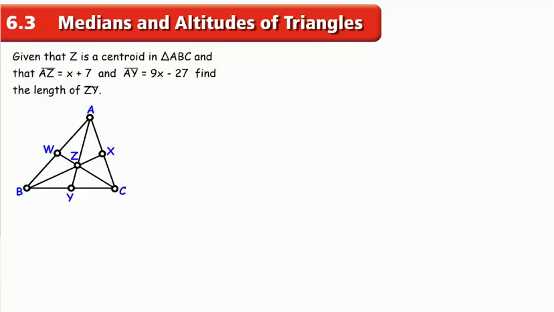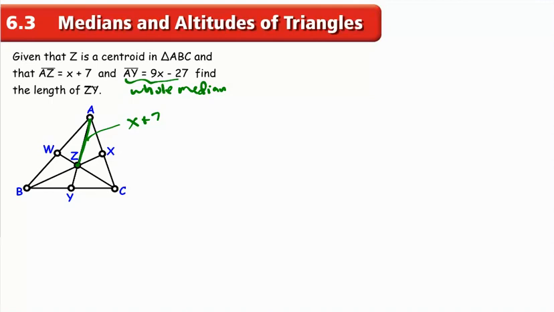So here's another problem with the centroid, but it introduces some algebra instead. Given that Z is the centroid in the triangle ABC, and that AZ is x plus 7, and that AY, this is the whole median, is 9x minus 27.